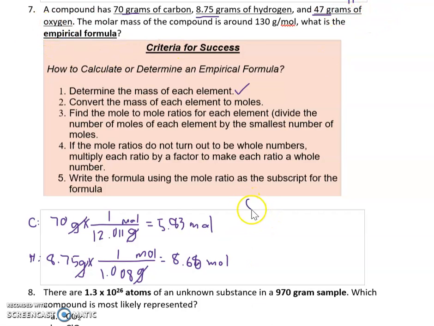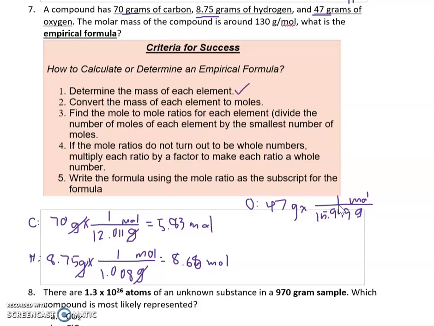So I'm going to do it right here. Oxygen. I start with 47 grams of oxygen. I need to cancel out these grams and be left with moles, so I'm going to put grams at the bottom, moles at the top. If I look at the periodic table, I can see that there are 15.999 grams in 1 mole.